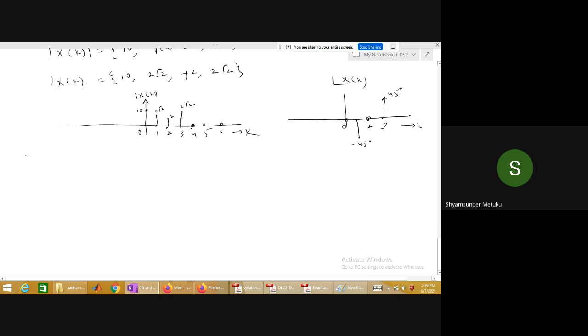Now you can understand that for a given simple 4-point DFT, a lot of time is taken for computation, right? Yes, sir. Lot of time is needed for its computation.